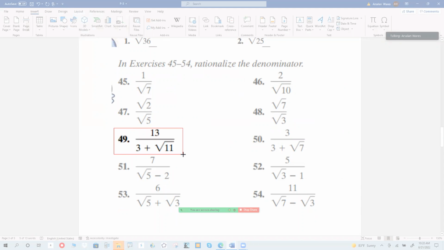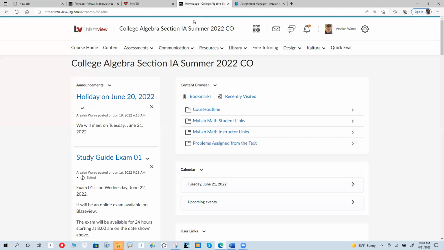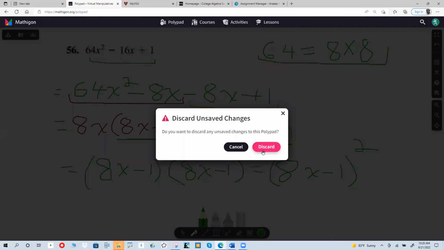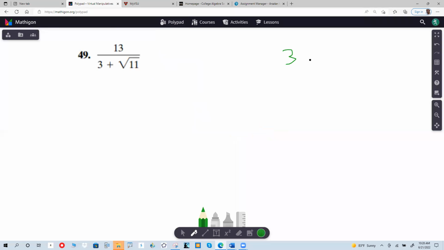Let me do this. Okay, don't forget the language: rationalize the denominator. I'm going to get rid of this. Okay, so guys, remember we talked about the conjugate. The conjugate of 3 plus square root of 11 is this.